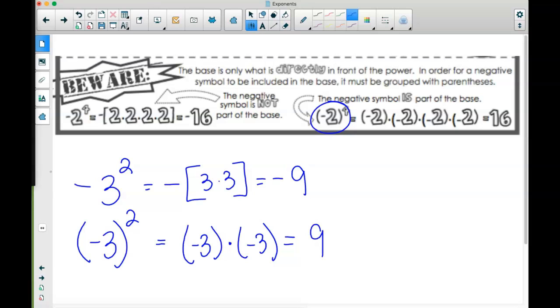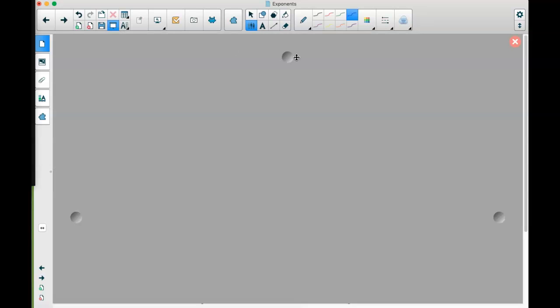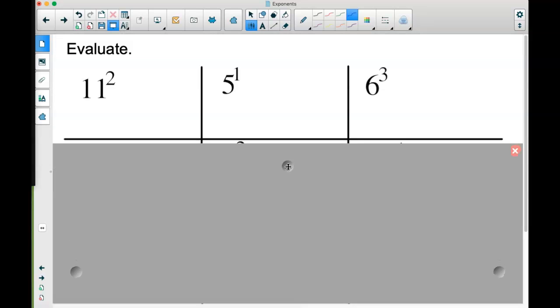Okay, so let's just try a couple of problems here. I want you to type your answer in the chat. I'm going to have you do just the first 3 problems. So come up with the answer to the first 3 problems.